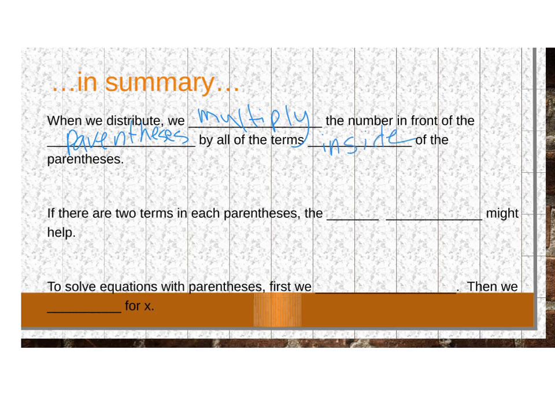If there are 2 terms in each parentheses, we might be able to use that box method. It's kind of handy. To solve equations with parentheses, we have to distribute and then solve for x.